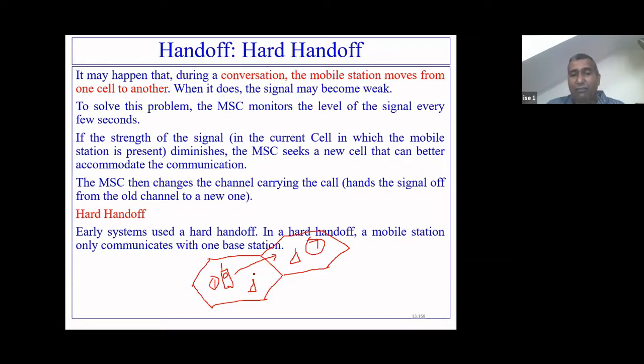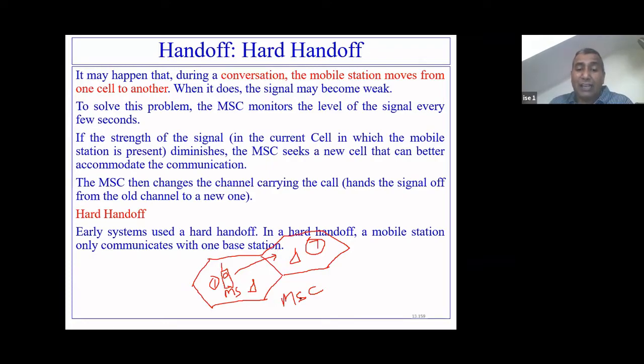In hard handoff, what happens? As the MSC observes that this particular mobile station has started moving towards the boundary of this particular cell, the signal strength provided by this base station to this mobile station goes on reducing towards the boundary, and this mobile station now enters this particular cell.